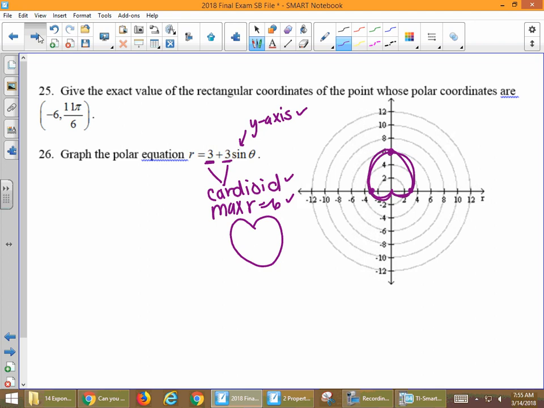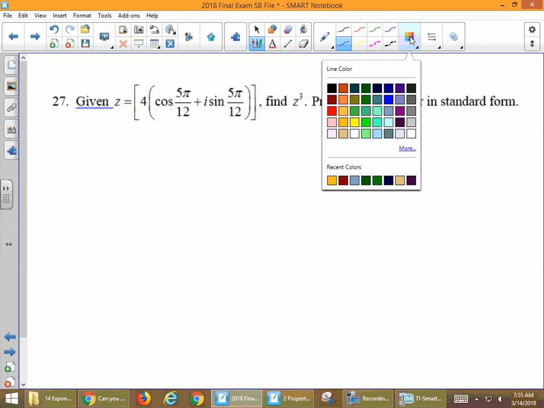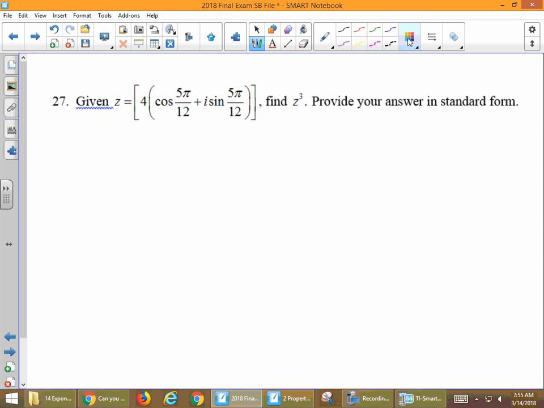All right, last polar coordinates problem. We're finding d cubed. So we are going to use that theorem, de Moivre, where that 3 is going to become a power on our r, and we're going to multiply it by our theta.